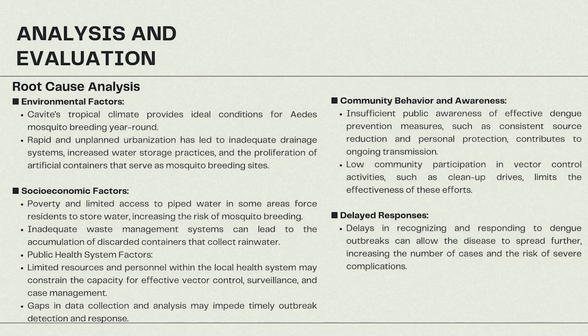From a socioeconomic perspective, poverty and lack of access to piped water force residents to store water, while poor waste management contributes to stagnant water collection. Public health system limitations, including insufficient manpower, funding, and gaps in data analysis, further weaken outbreak response and vector control.